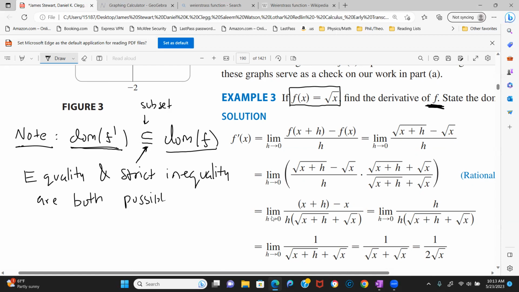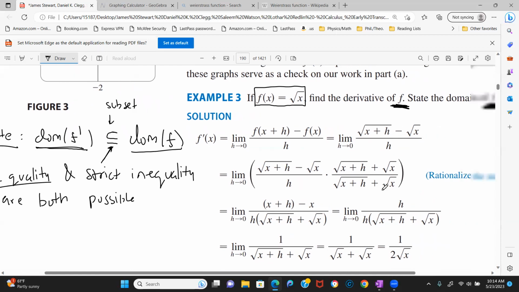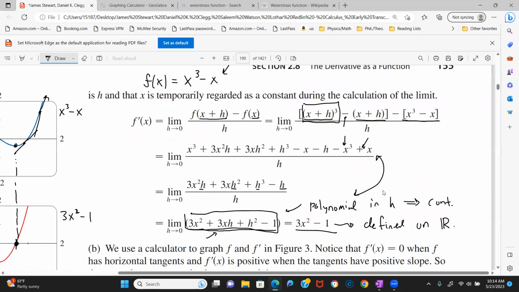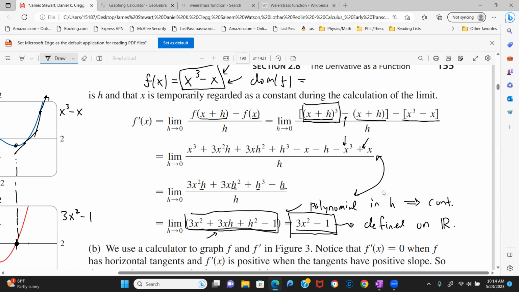So we already saw a case where equality is possible, right? Up here, when we took the derivative of this polynomial, x cubed minus x, we get this polynomial right here. The domain of f is clearly just the whole real line, because it's a polynomial, it's defined everywhere, and the derivative is also a polynomial, so it's defined everywhere.